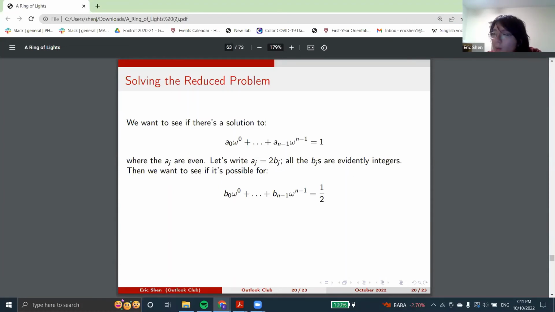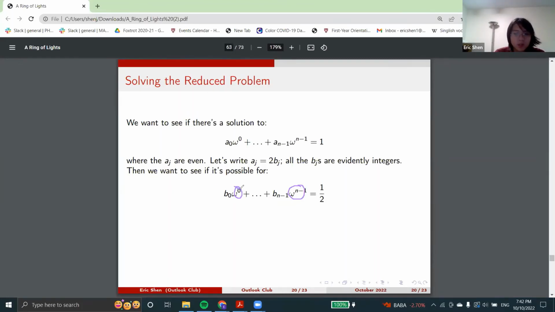Okay, let's think about this equation. So what do we know about all the omegas? Well, we know that every single root of unity is an algebraic integer. So omega to the 0 all the way to omega to the n-1, these are all algebraic integers. What about the bj's? Well, we know that the bj's are all integers, and we know that integer multiples of algebraic integers are algebraic integers as well.